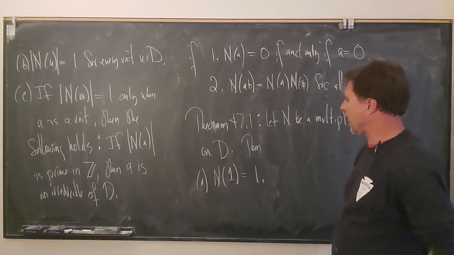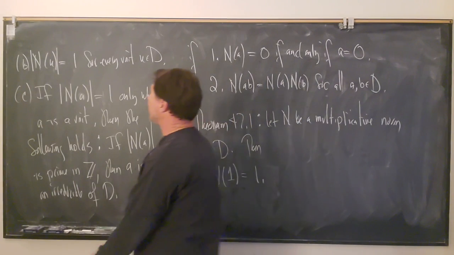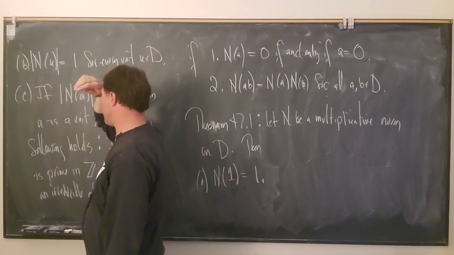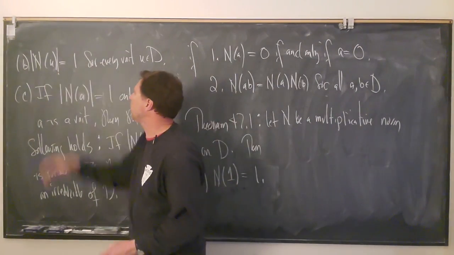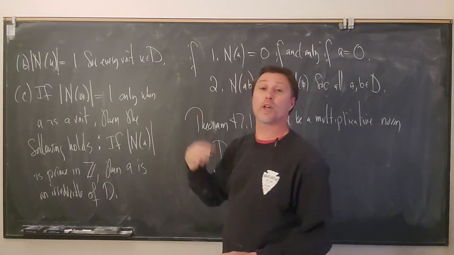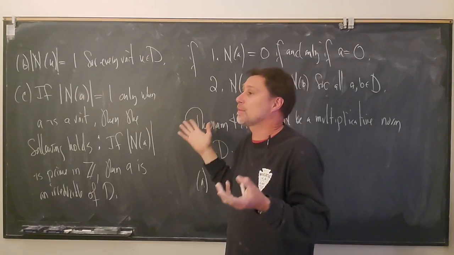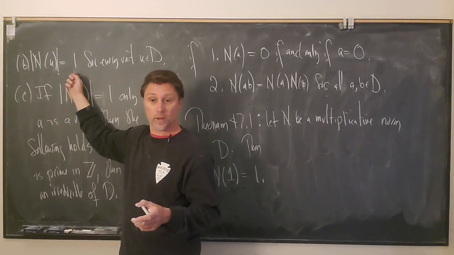So, okay, what do we have here? It takes unity to 1, takes the absolute value of every unit to 1, and then this last part here is kind of curious. If you look up at part B, it's saying that units have to go to plus or minus 1, but it doesn't tell us anything else. So it's possible that non-units could have absolute value equal to 1 also.